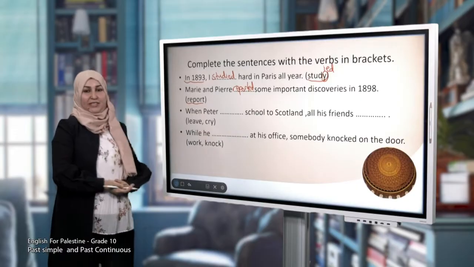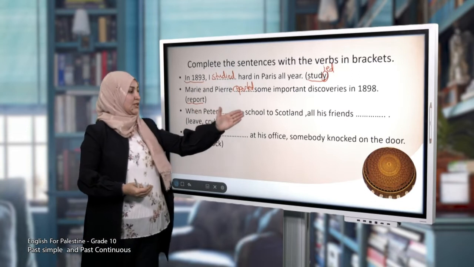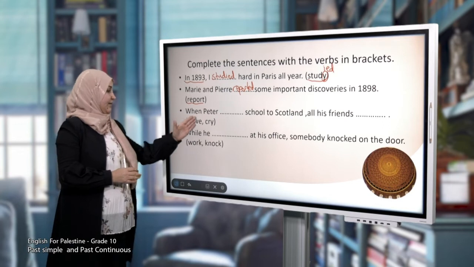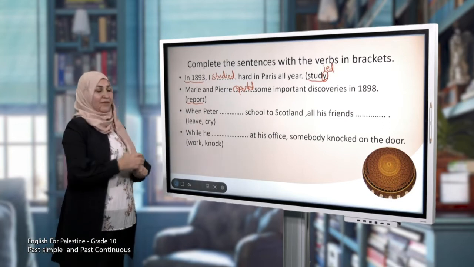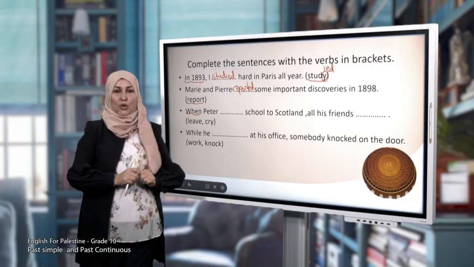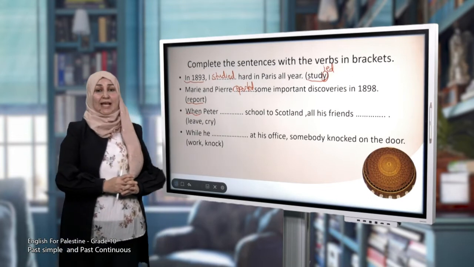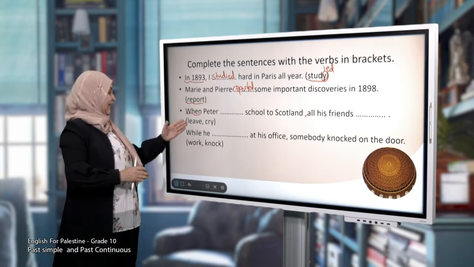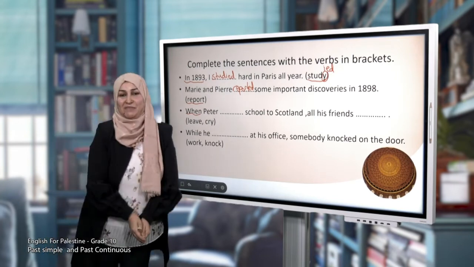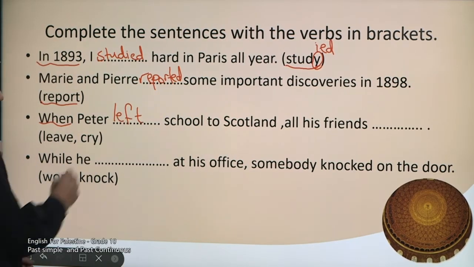Okay, number 3. When Peter moved to Scotland, all his friends were crying. Here we have when, and as we said, we use simple past with when, and the simple past tense of leave is left.